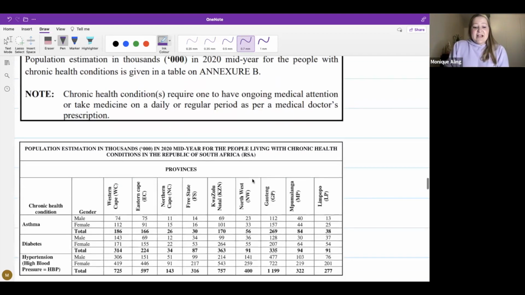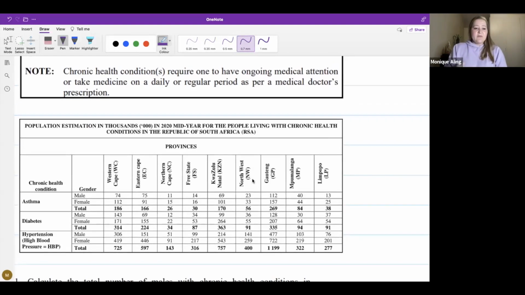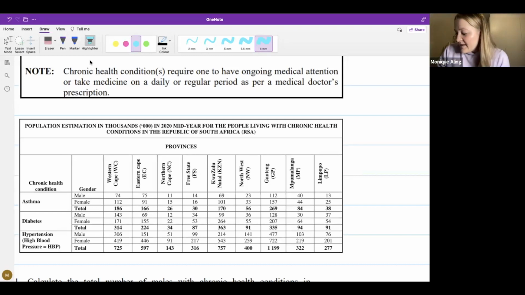Looking at the table, it's always important to read the heading: population estimation in thousands in 2020 mid-year. The key thing to take note of is that these numbers are in thousands.